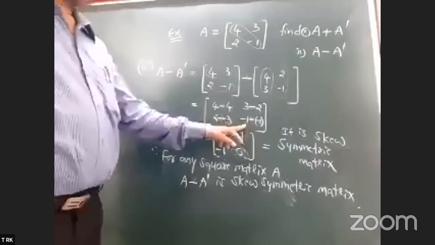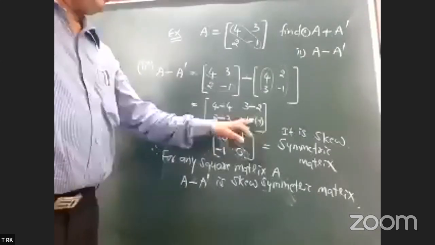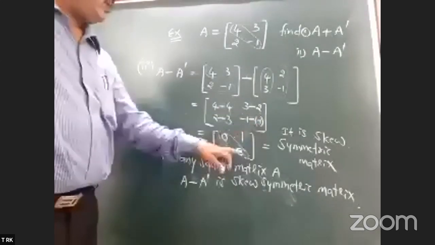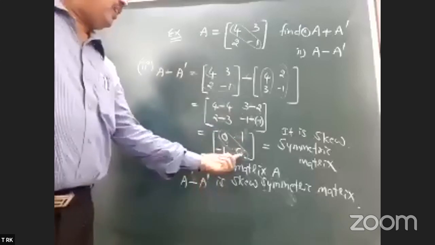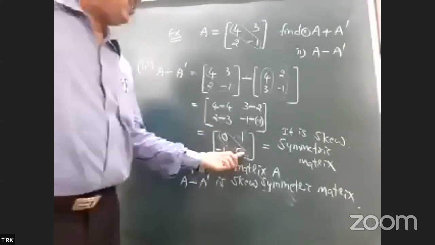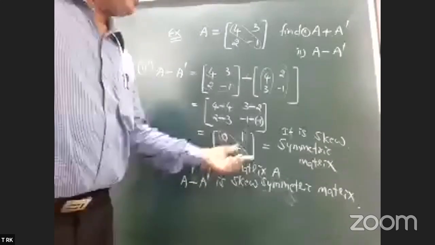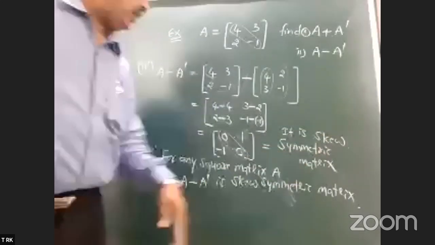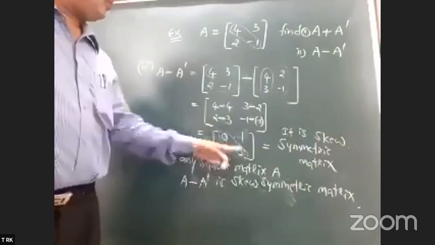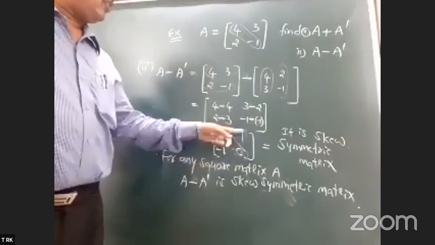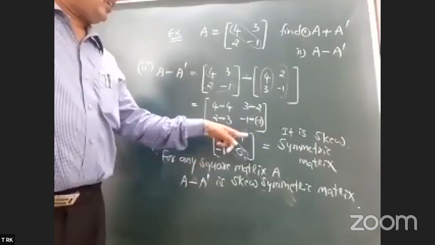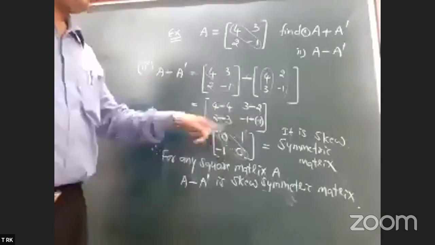See, this minus of minus 1, correct? Minus of minus 1 is plus 1, its value is 0. This one, A minus A dash is an example. In this case, A minus A dash gives a matrix of skew symmetric variety because all diagonal elements zeros and the non-diagonal elements are of opposite sign. One side positive, other side negative. So this type.